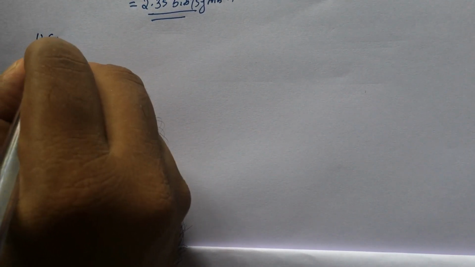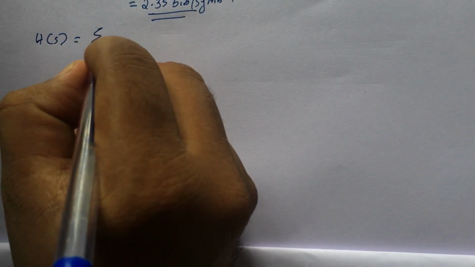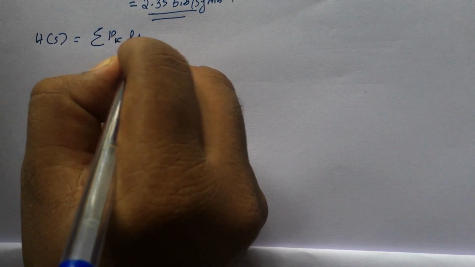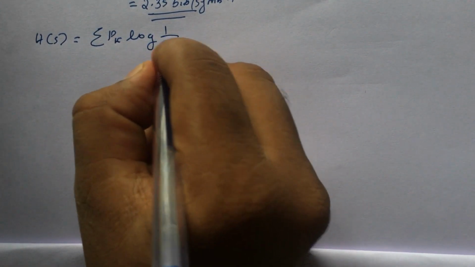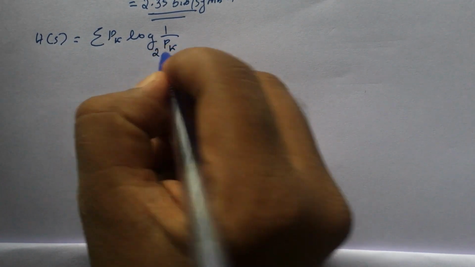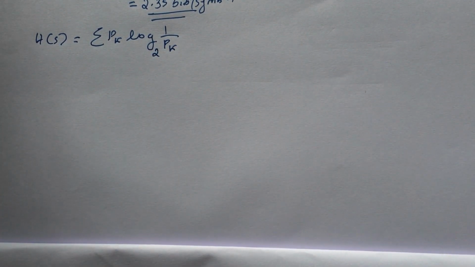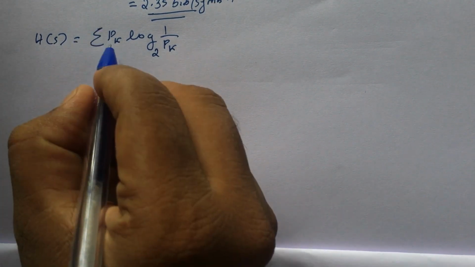Here I am writing the value of H of S. See, H of S is equal to sigma pk log 1 by pk to the base 2. So logarithm should be in the base 2 mode. So here pk means the individual probability.